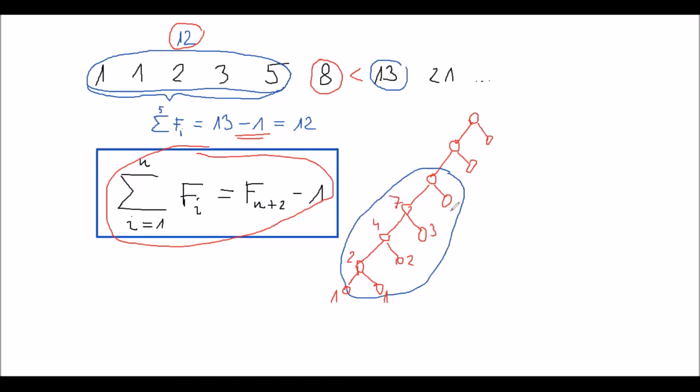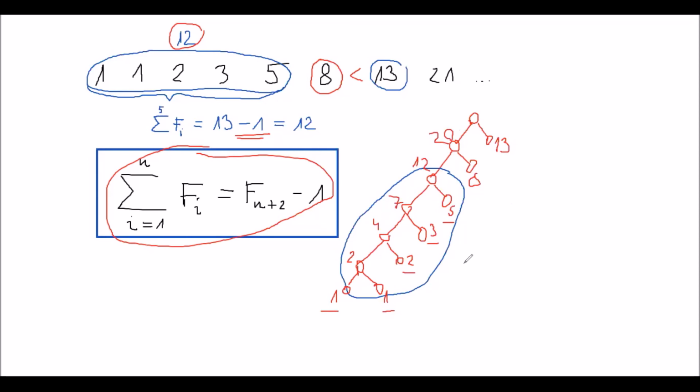That's 5. Here are the Fibonacci numbers. This is 8. This is 13. And here we have the merged ones: 5 plus 7 makes 12. That's 12. That's 20, and so on.